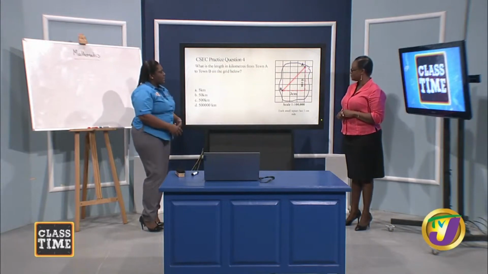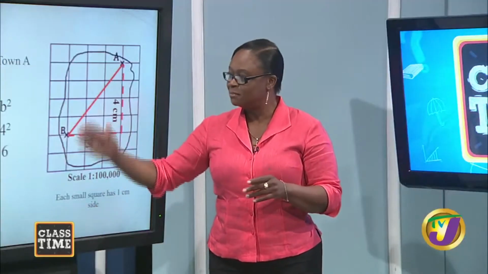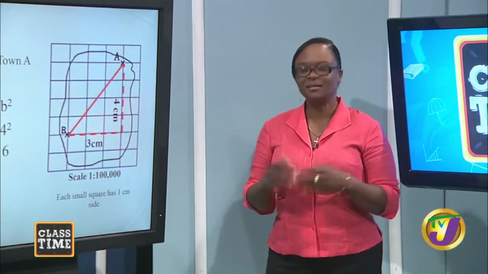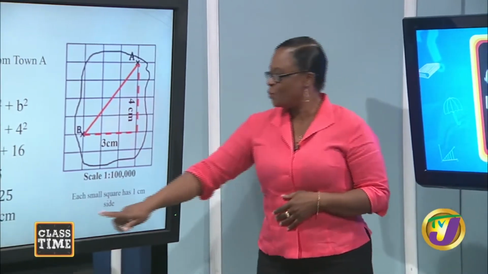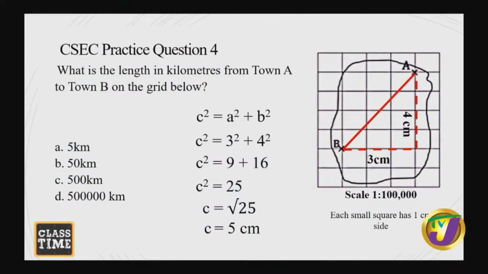So let's go ahead. I'm doing this just for those persons who want a little clarity and confirmation. So we would have identified that the distance on the map from town A to town B is represented by 5 centimeters.